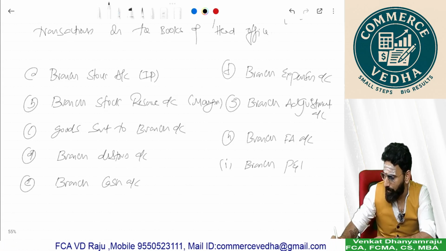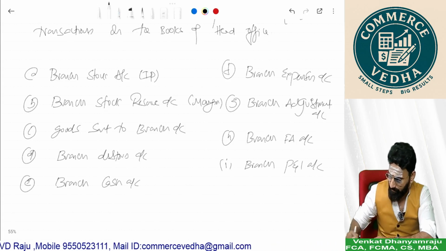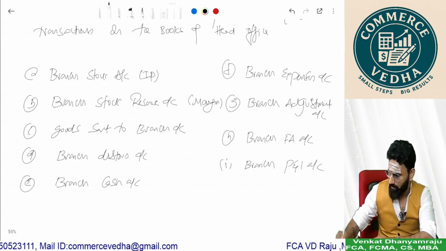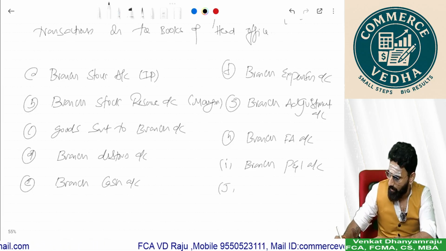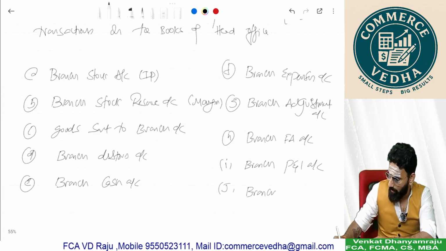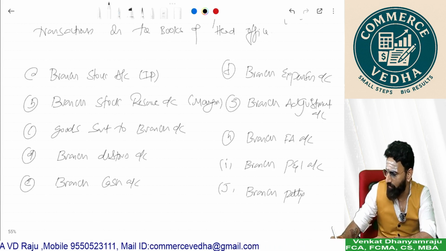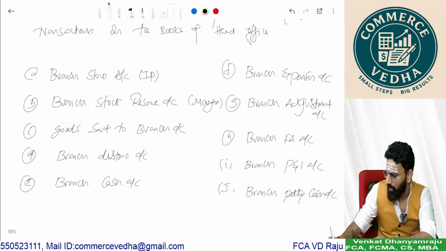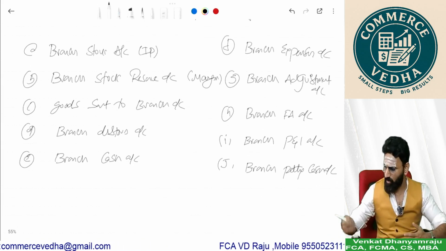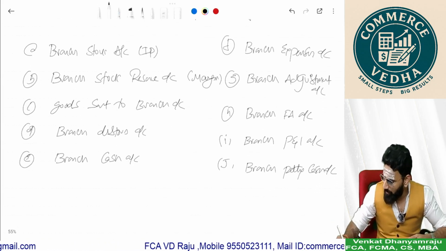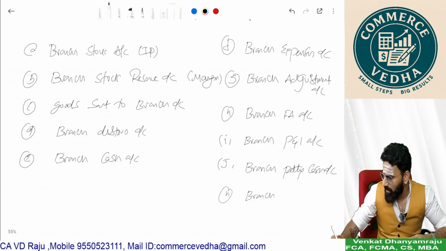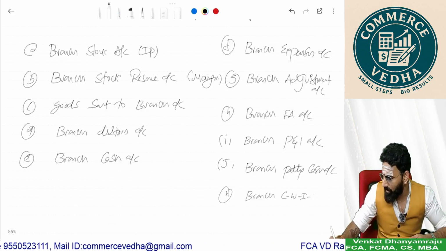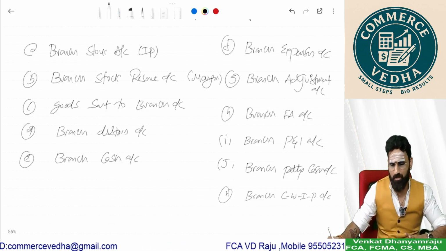Branch P&L account, and branch petty cash account if it is there. In some questions there may be another account called branch capital work in progress account, which is rarely used.